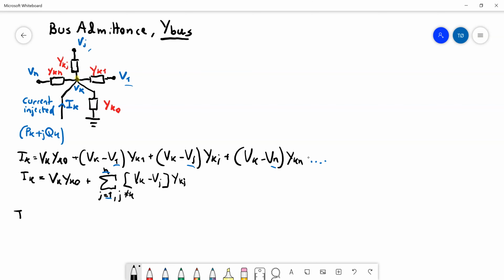Then we write again the current IK equals VK YK0 plus, now we can write, the sum of J equal 1 to N, and then we split up with VK YKJ minus the sum of J equal 1 to N, J cannot be K, and then we write VJ times YKJ, like this.